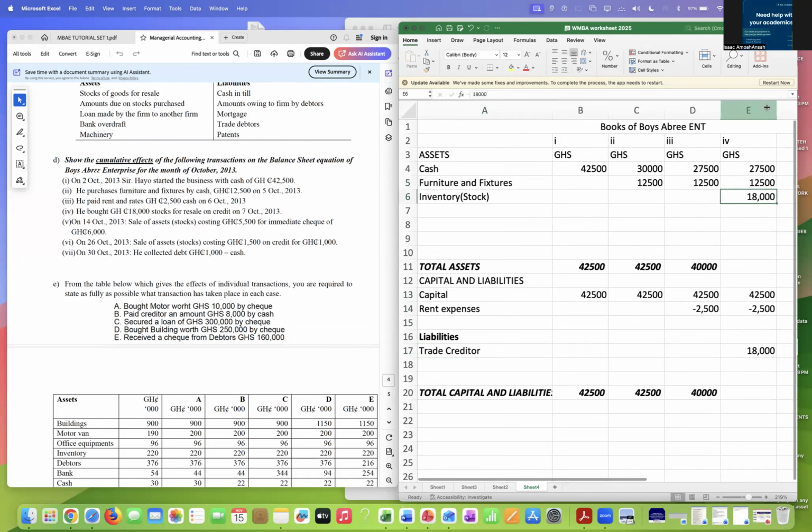So now we control three different levels of asset: cash, furniture, and inventory. So we add 27,500 to 12,500 to 18,000. So let's see what we stand to get here. 58,000.